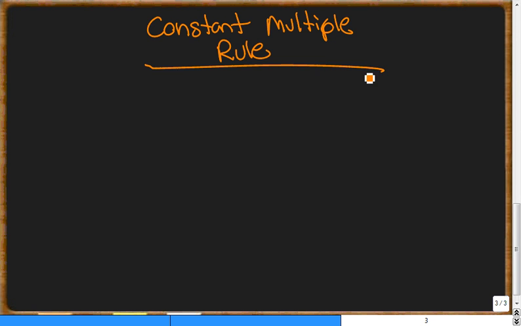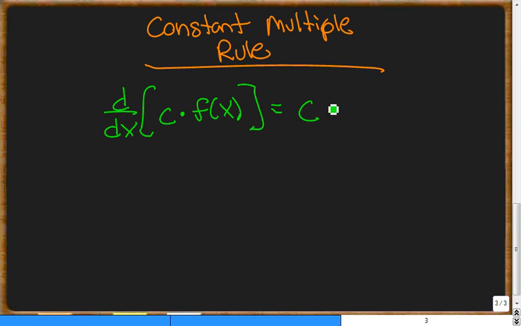We have a few other things. The constant multiple rule. It's a pretty simple rule. It basically says that if we have some number c, and we're multiplying it by a function, then your derivative is just going to be c times the derivative of that function. Okay? So you don't have to make things extremely complicated here.